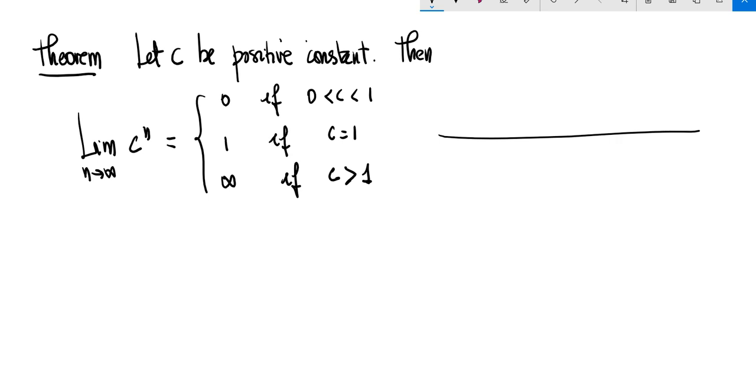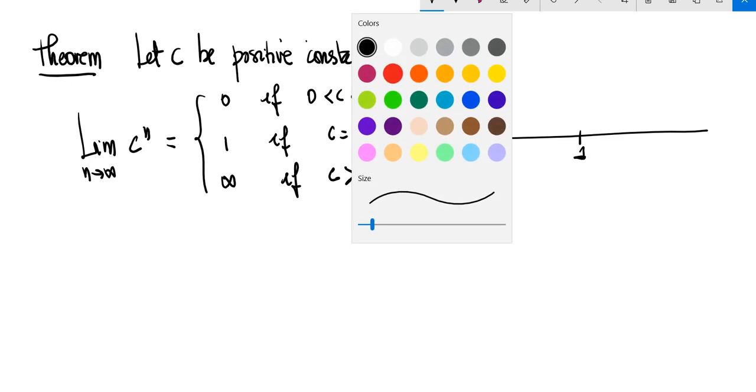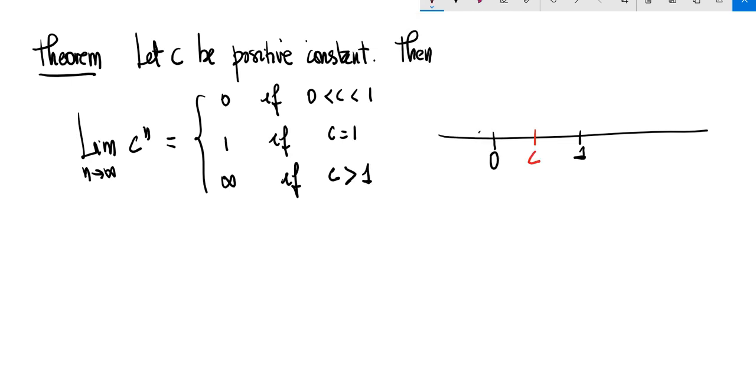So if you're looking at the number line, and this is 0 and this is 1, if you pick your constant here and you look at powers of C power n, this will go to 0, while if you of course pick C to be 1, then 1 power n is always going to be 1, so you just get the constant function which is 1 everywhere, so it will converge to 1.